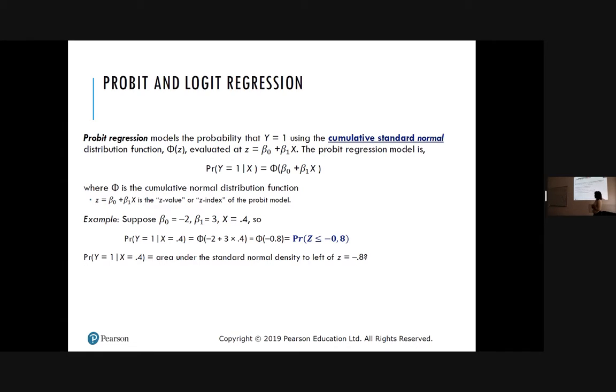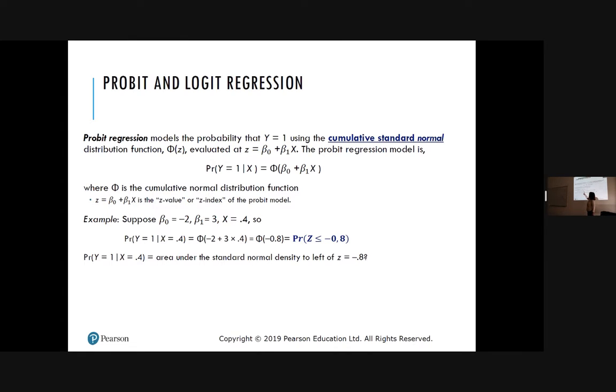Given these two estimates and the value of x, we can compute the predicted probability that y is equal to 1. So the predicted probability of being denied.